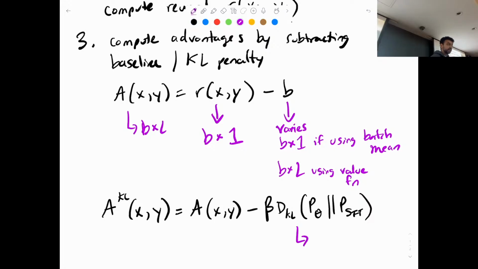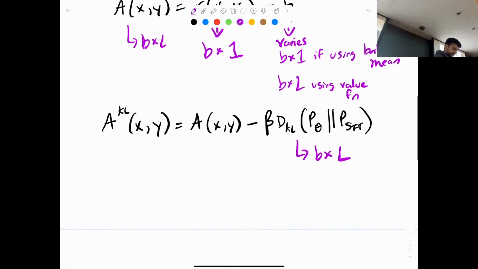And note that this term here is at the token level, right? We compute this by just subtracting the token level log probabilities of our y as computed by our current model minus the same probabilities computed by the base SFT model, right? So this is a B times L dimensional thing.